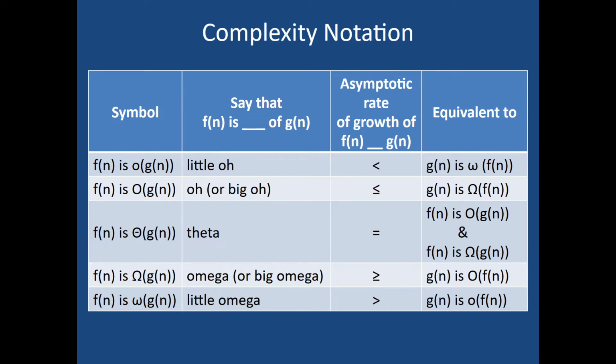Okay? So there are two ways of saying the same thing. Just like, if 2 is less than or equal to 3, then 3 is going to be greater than or equal to 2. Right? You can turn those around.